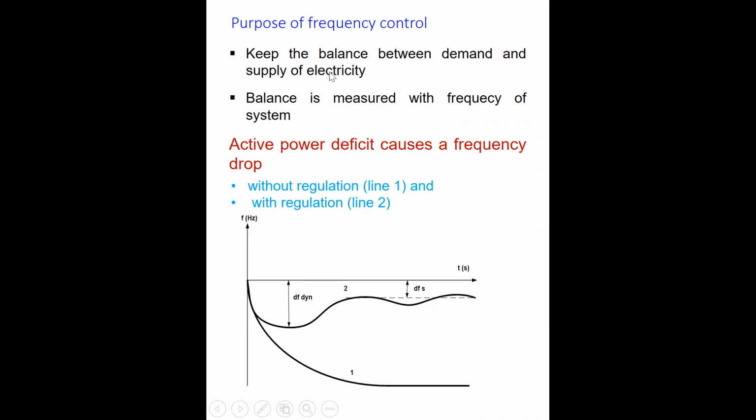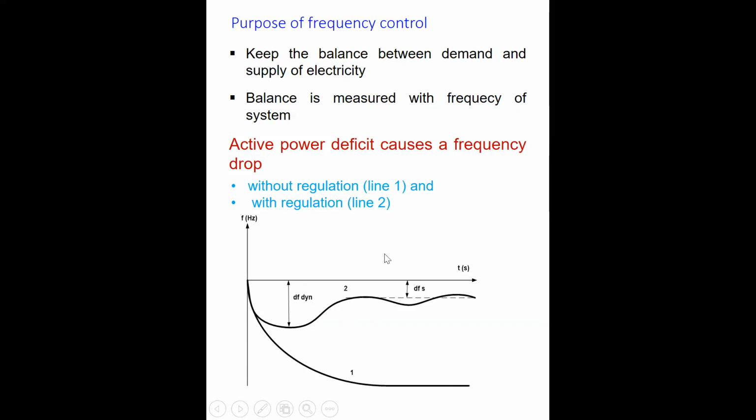We don't have much control on the consumer side, on the load side, but we want the generation to meet the variation in demand. So we have to keep the balance of generation against the demand, and this active power balance we measure in terms of frequency for the system.